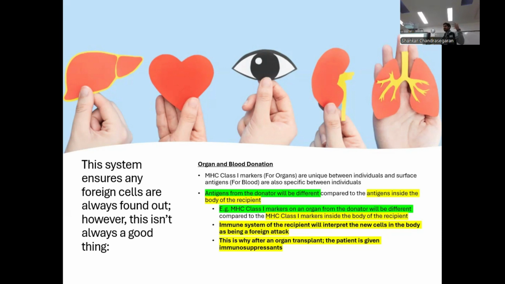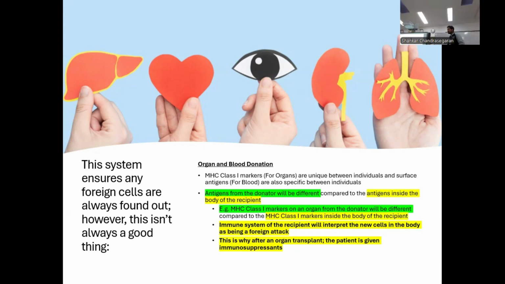He donates his liver. As soon as the liver is transplanted into the recipient's body, the markers on the liver are recognized as non-self by the recipient's body.